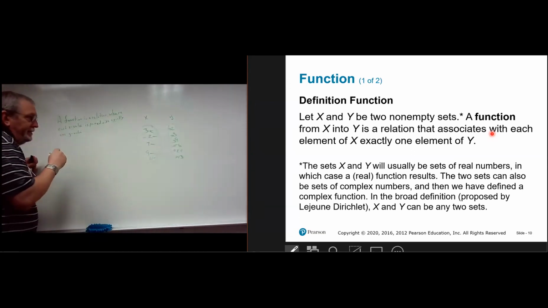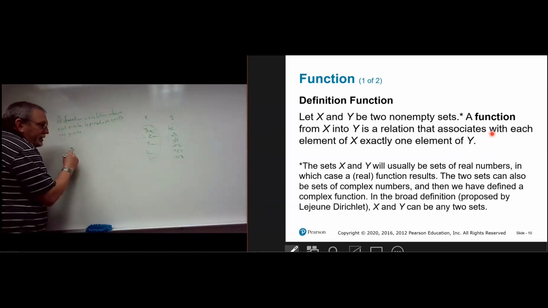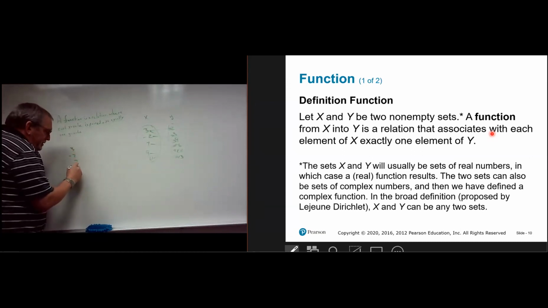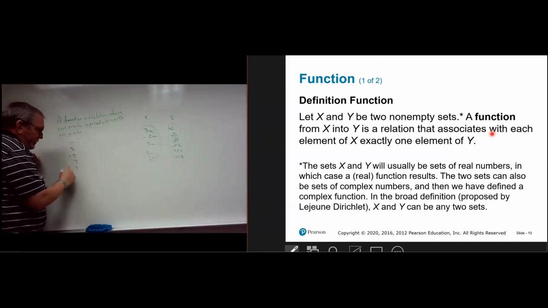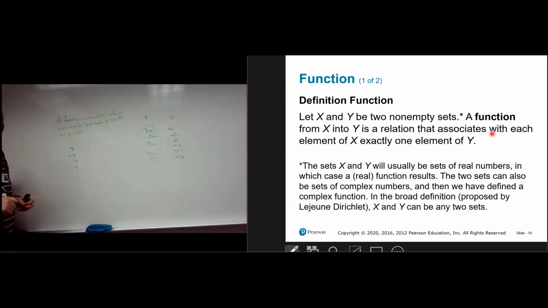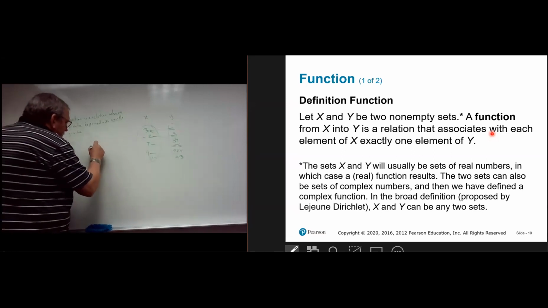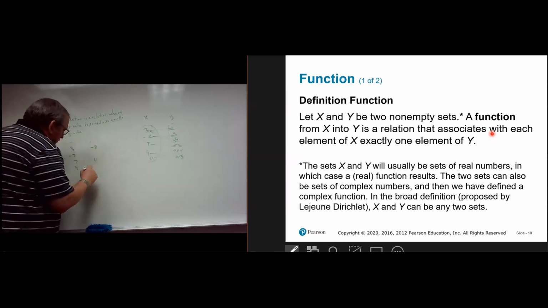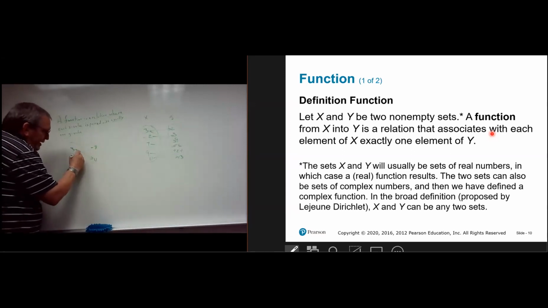What if I had this? What if I had 3, -2, 7, 9 over here? And then I had, 3 seems to be my favorite number, because my go-to number when people tell me write down a number or pick a number, it's always going to be 3. So what if I had this situation?